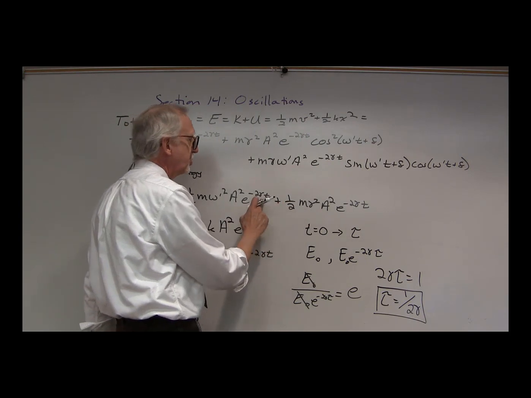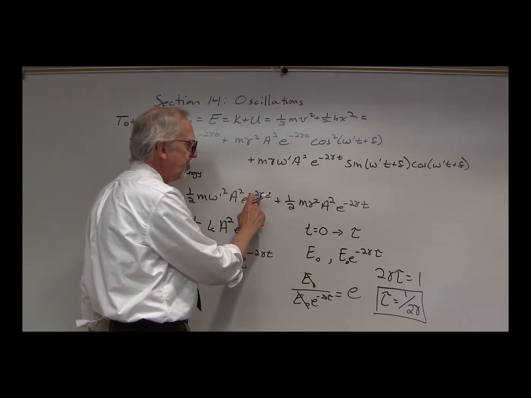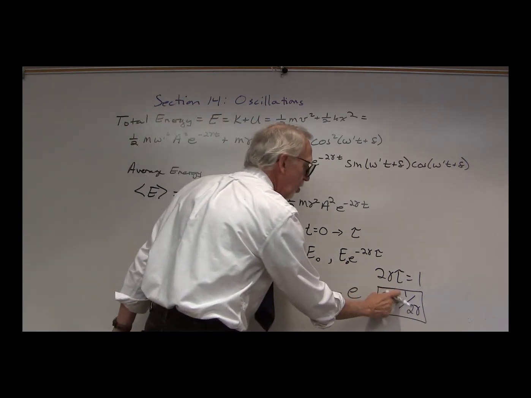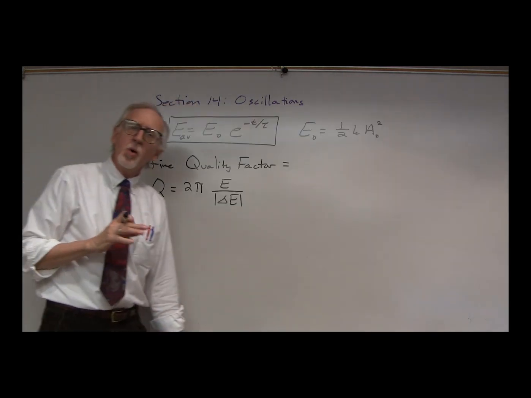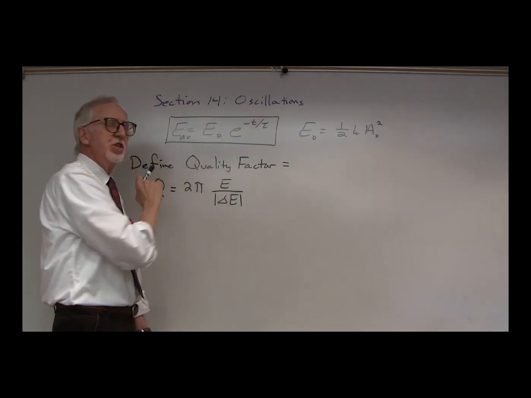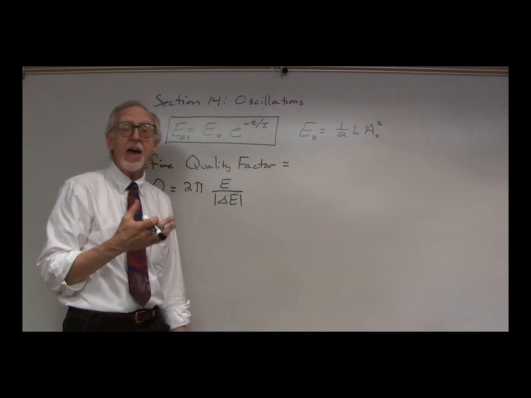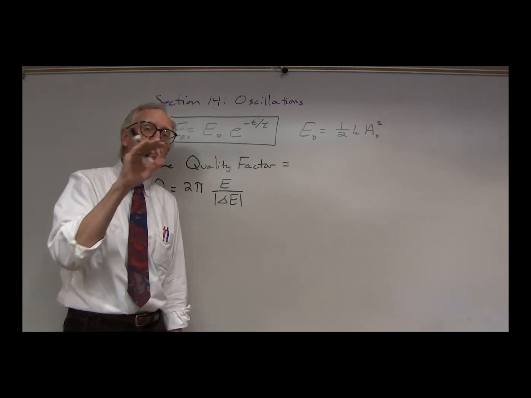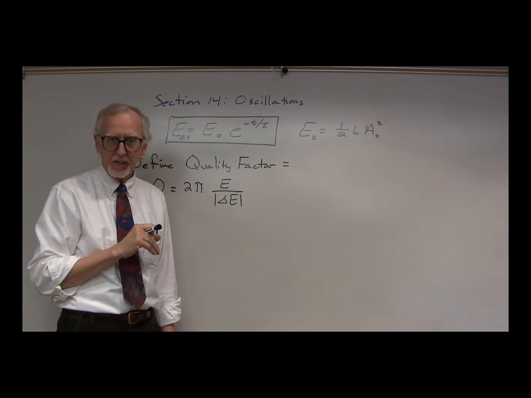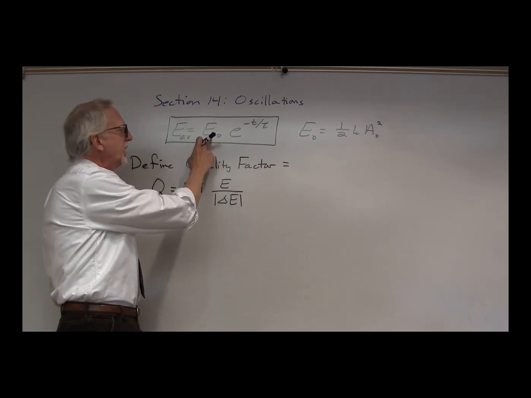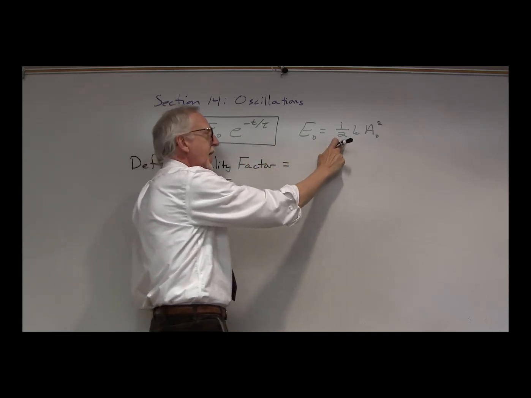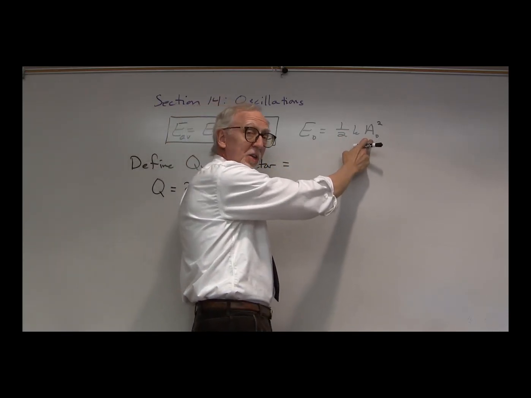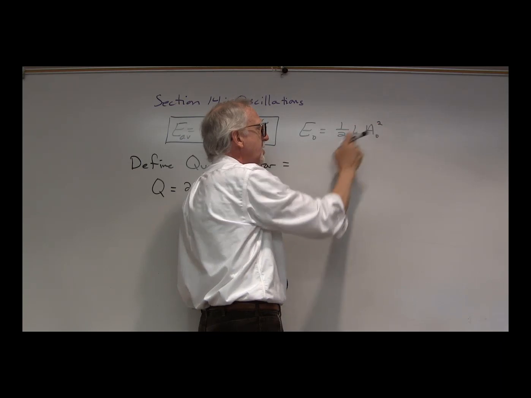So what we're going to do is rewrite 2 gamma as 1 over tau, and we'll rewrite this energy. So what we have is the average energy of the oscillator. And when we say average, remember, we're averaging over a cycle, an oscillation, is equal to E naught, the initial energy being 1/2 k times the initial amplitude, we'll call it A naught squared.